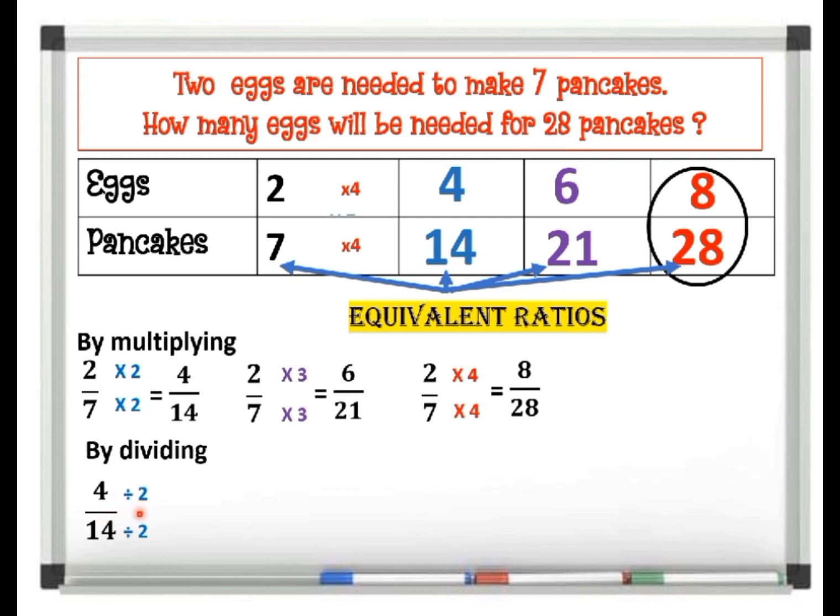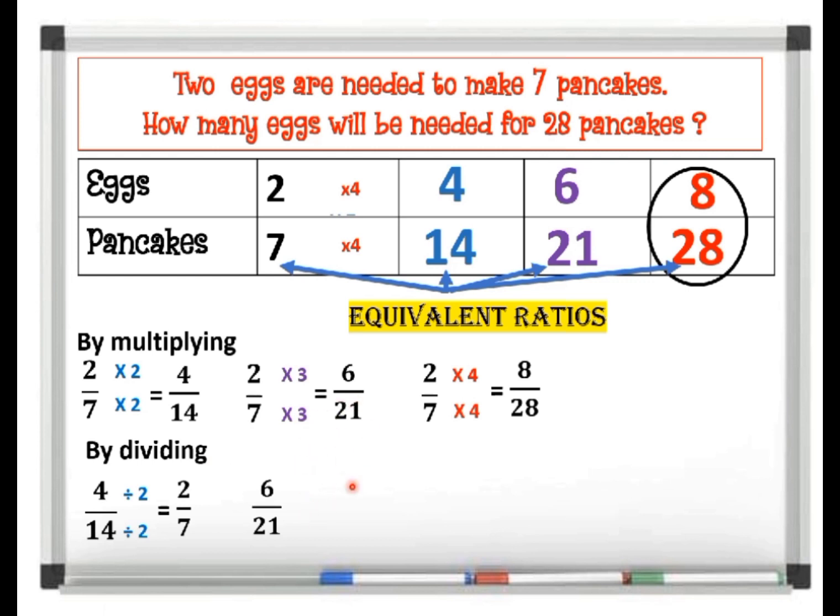Okay, now, 4 divided by 2, the answer is 2. 14 divided by 2, the answer is 7. So, 4 over 14 is equal to 2 over 7. What about 6 over 21? Okay, so, they can be divided by 3.